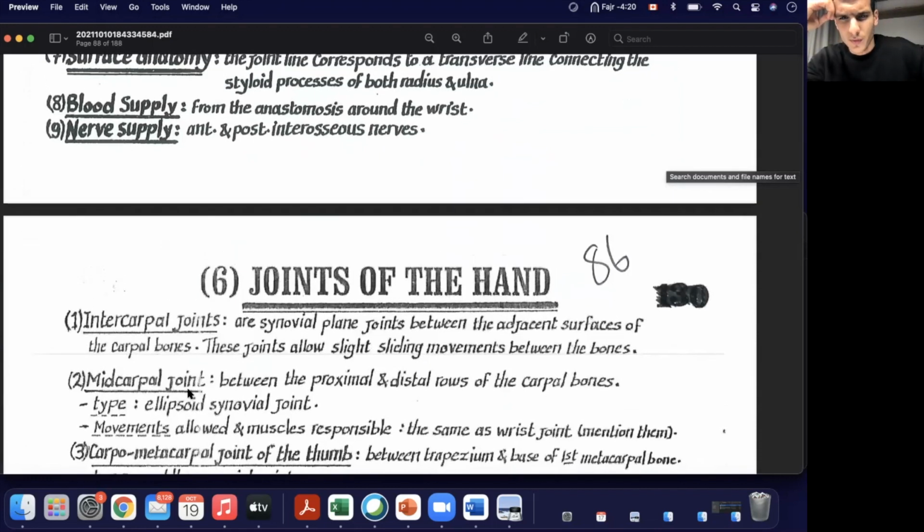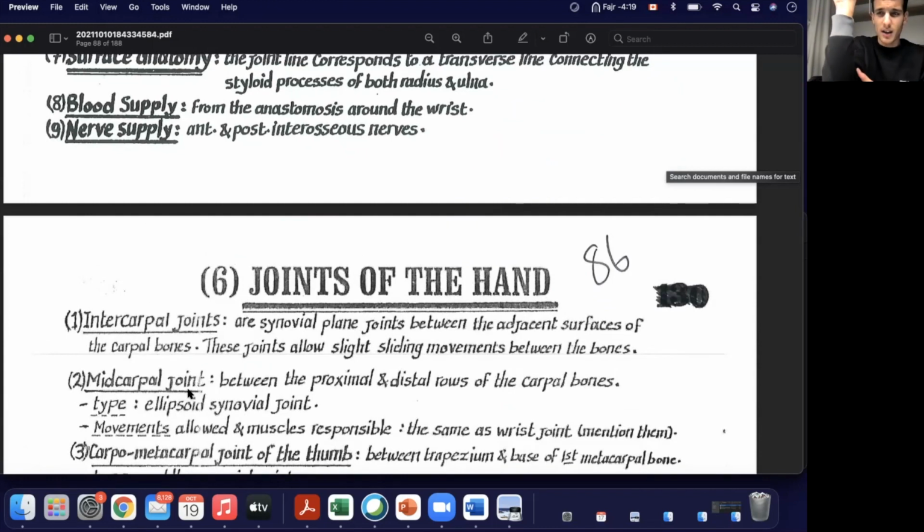I hope this was useful. There are also the joints of the hand, and there are so many videos we could create for those if you want them. I've covered the general idea of everything related to the upper limb when it comes to bones and joints. We can create a video for the joints of the hand, from the joints between the carpal bones to the metacarpals and phalanges.